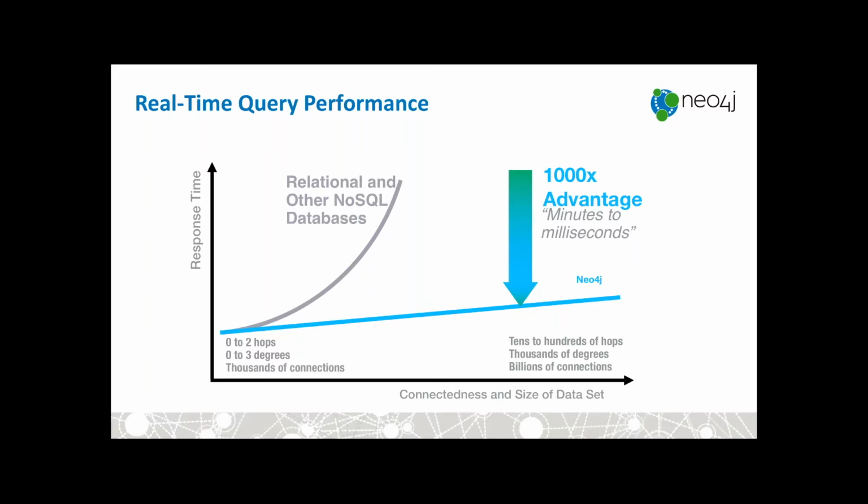But as you start to get past thousands of connections, as you want to do many hops through the graphs, as your degree increases, then we start to see many orders of magnitude advantages in using native graph tech and using Neo4j. You'll often see things that will take minutes on a non-graph database take milliseconds when you've got them in Neo4j. And you don't have to take my word for it.